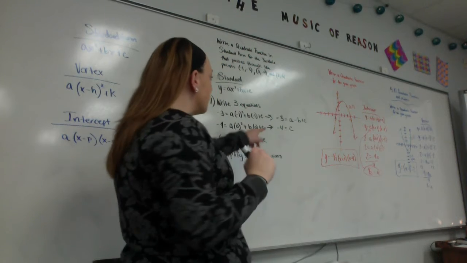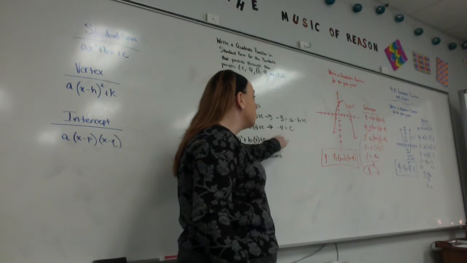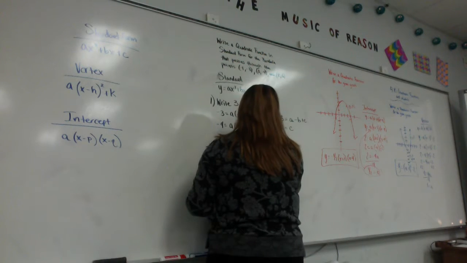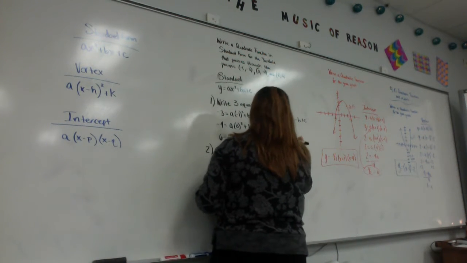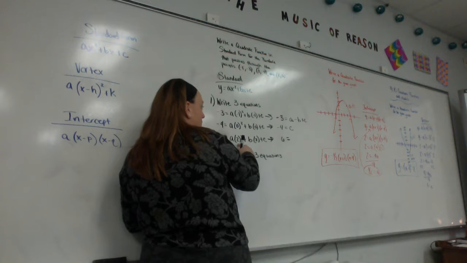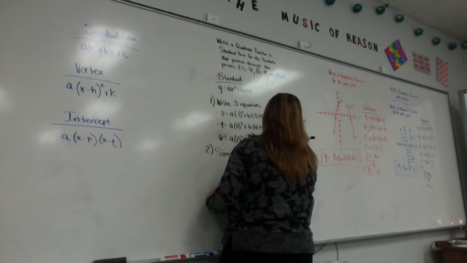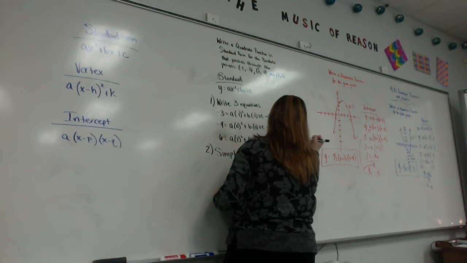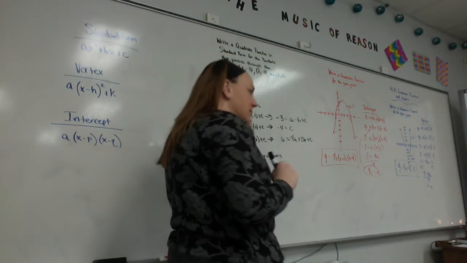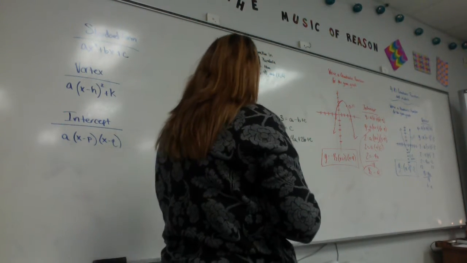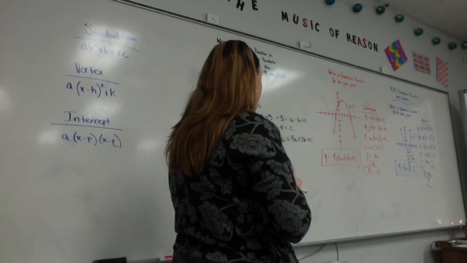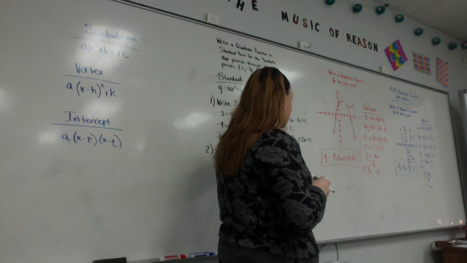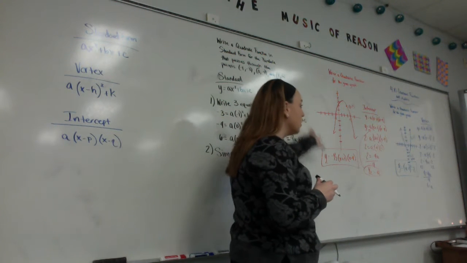Which is beautiful because now look, I have something to substitute in. Now I have 6 equals, what's 2 squared? 4. So I have 4a, then I have 2b, and then I have c. Correct? Now, I could substitute this in, but I really don't need to right now because I can do elimination with these two to get rid of the c's.